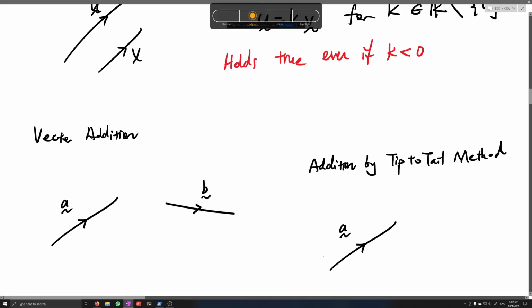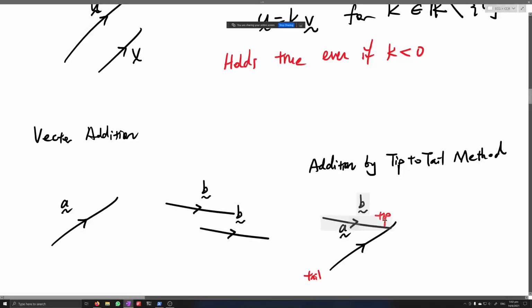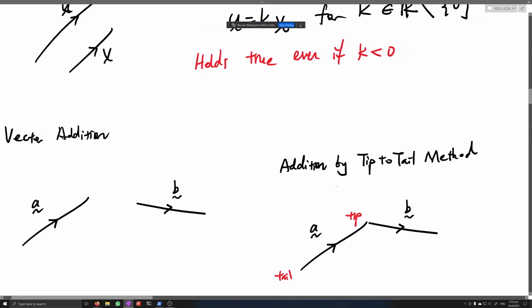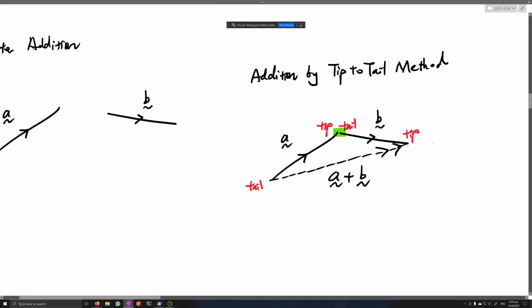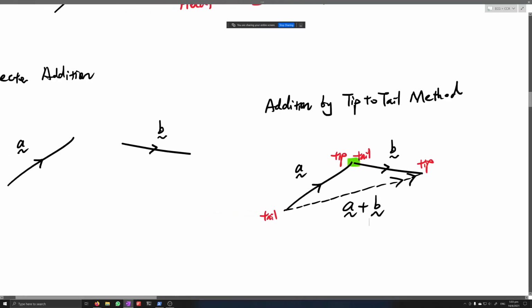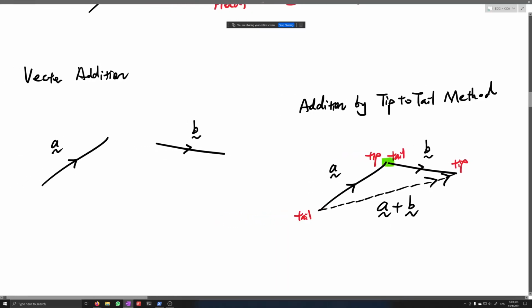You see right here we have the tail and tip of the vector. Then I'm going to place the tail of B at the tip of A, and then I'm going to draw the resultant as such. The resultant being A plus B. So that's how you do vector addition.